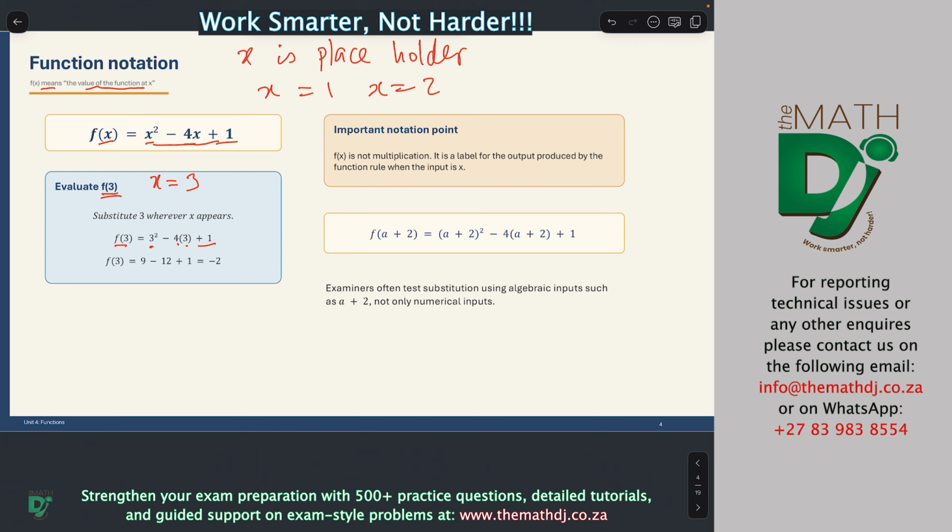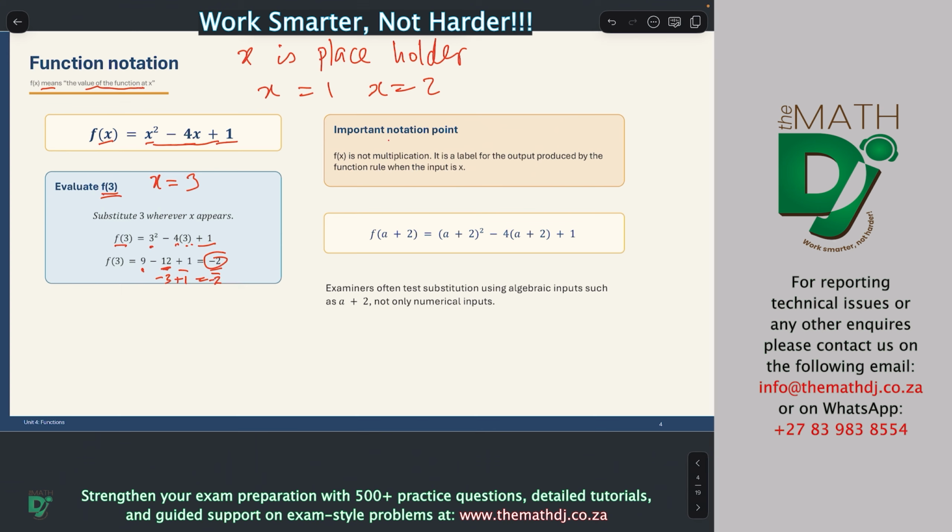Then you simplify: 3 squared is 9, 4 times 3 is 12, so it becomes 9 minus 12 plus 1. When you simplify, you get minus 2, right? Because 9 minus 12 is minus 3, plus 1, then you get minus 2. So that's how we get to this answer.